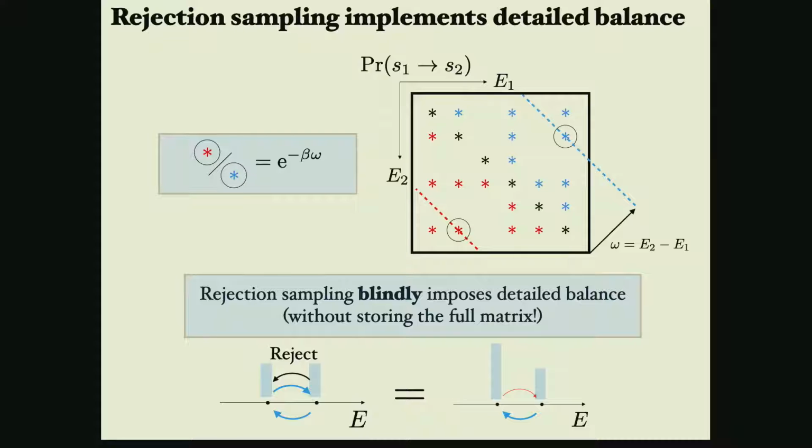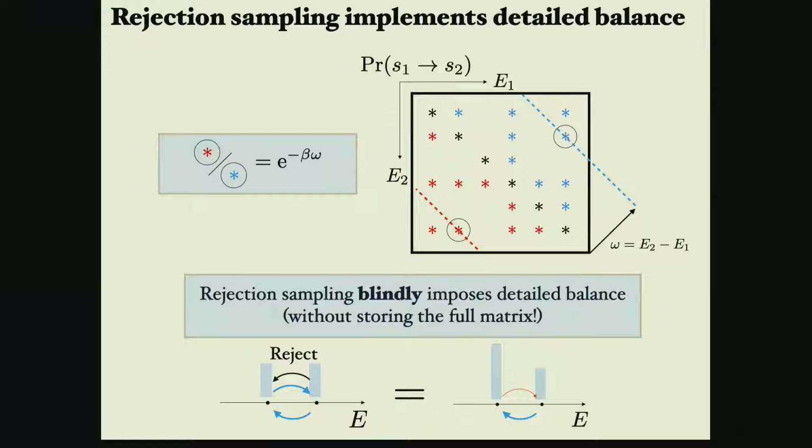It's an algorithmic way to implement detailed balance without knowing the full matrix. Roughly, you implement detailed balance on the go. You don't first write down the whole matrix and then do something with it.